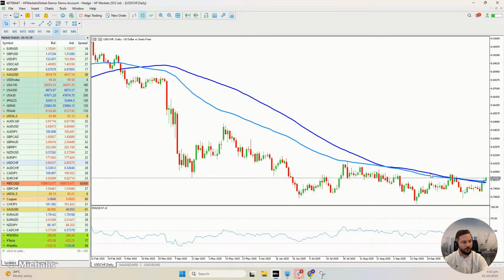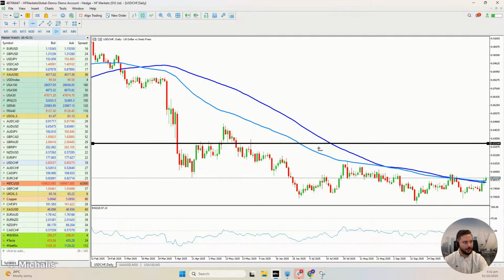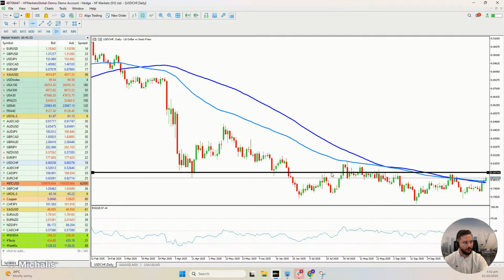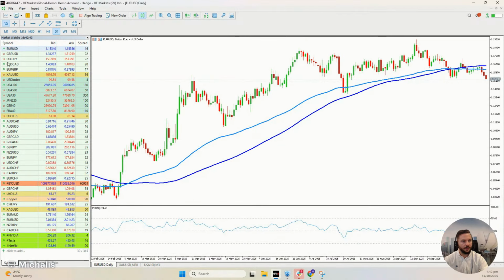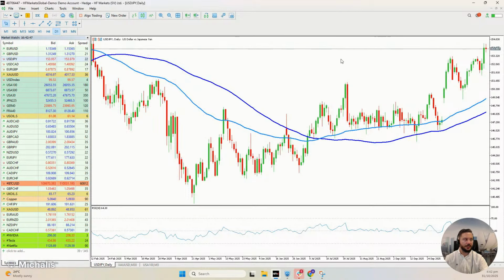So there is still momentum that we can take into consideration. For example, all the way up to here and all the way up to here, rather than seeing a correction. Whereas if we're looking at the euro against the Swiss franc, the euro against the US dollar, or the US dollar against the Japanese yen, it is a very different price scenario.